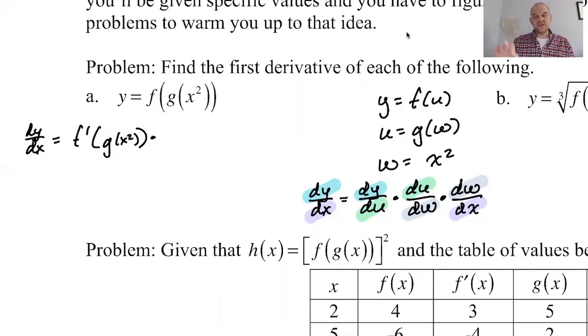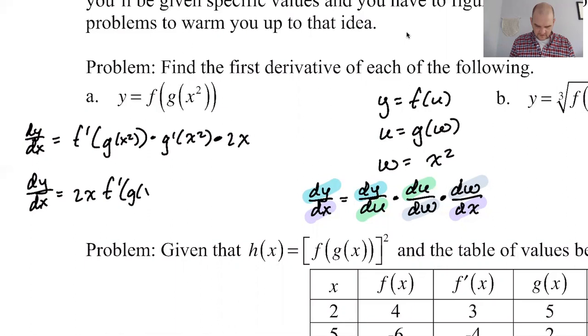That thing is g of something, so the derivative of g of something is g prime of that thing times the derivative of that thing, which is just 2x. So I don't know that this is necessarily a better way to write it, but dy dx would be 2x times f prime of g of x squared times g prime of x squared. So that would be our derivative.